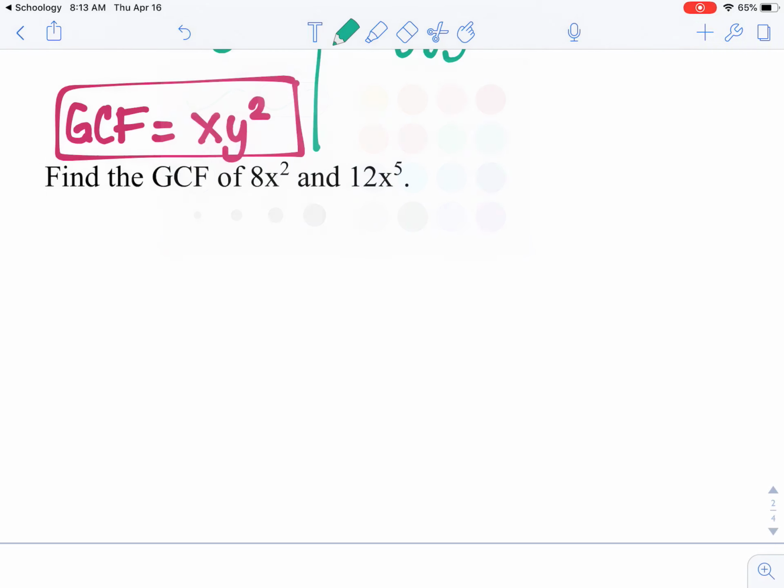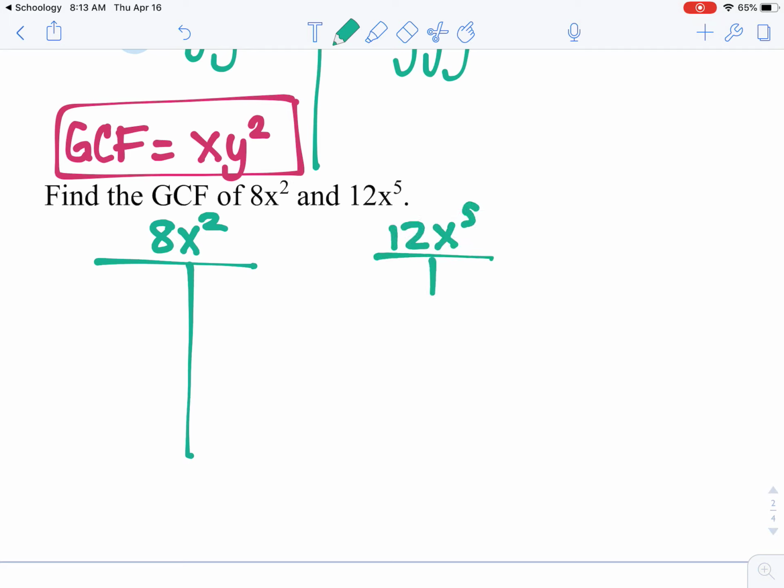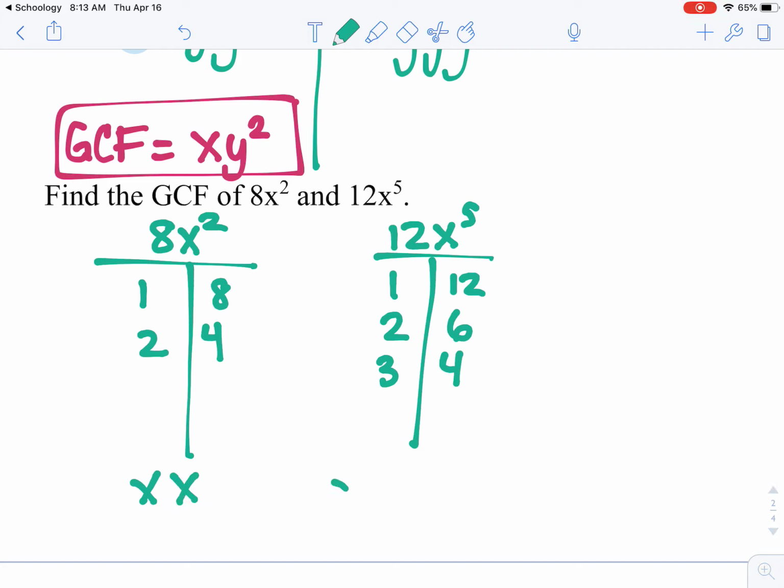Next example, we have 8x squared and 12x to the fifth. So for these, we actually have to do two things. We have to look at the number and then the variable. So first I'm going to look at the numbers. And then I like to do underneath, I'm going to write my variables.